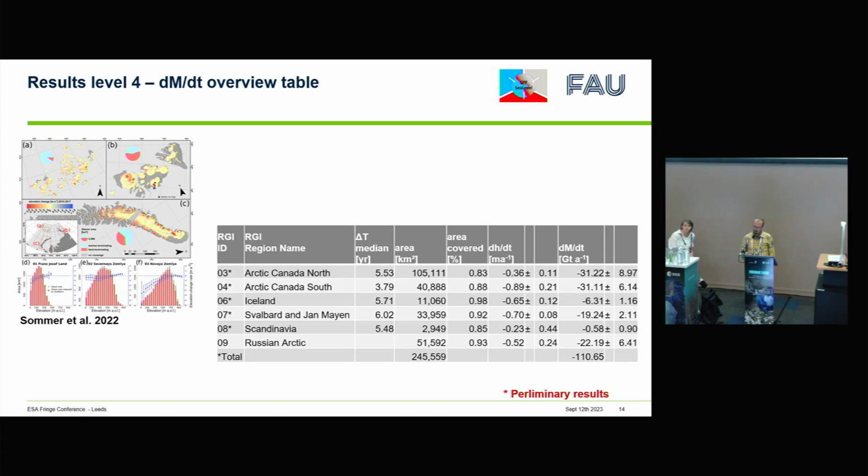So summing up the regions I mentioned and adding Scandinavia, which we also analyzed but not included as a DH/DT map, and a publication from a colleague of mine about the Russian Arctic, and summing all the mass change rates together, we end up at 110 gigatons mass loss per year for these 1, 2, 3, 4, 5, 6 regions, which is not 10, obviously.